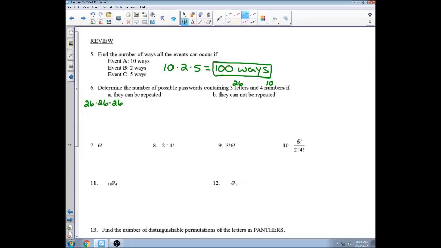And I still have 26 letters. The next thing is the 4 digits, or the 4 numbers. Well, I have 10 for my first choice. It can be repeated, so I'm going to have 10 for all of my choices. So 26 times 26 times 26. If you multiply all this out, I end up with 175,760,000 different passwords.